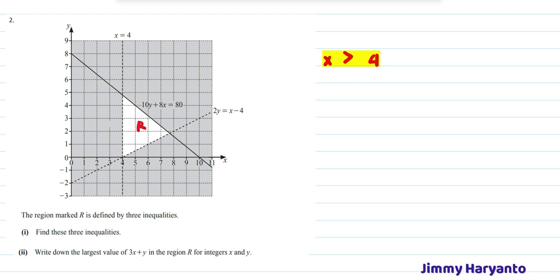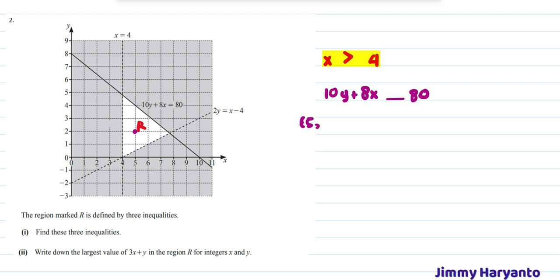The next one will be this one. The question already gives you the equation of the line also, so you only have to rewrite it like this. Then you put a blank space right here to determine the inequality, and then 80. To determine the inequality, you can choose 1 point in the region, let's say 5, 2.